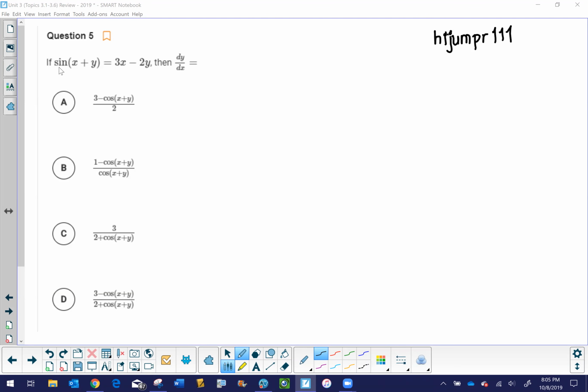All right, so for this particular problem, we are going to take the derivative of both sides. And the derivative of sine is going to be a cosine, of course, of the x plus y. And then we multiply this by the derivative of what's inside. And the derivative of what's inside is 1 plus the dy over dx.